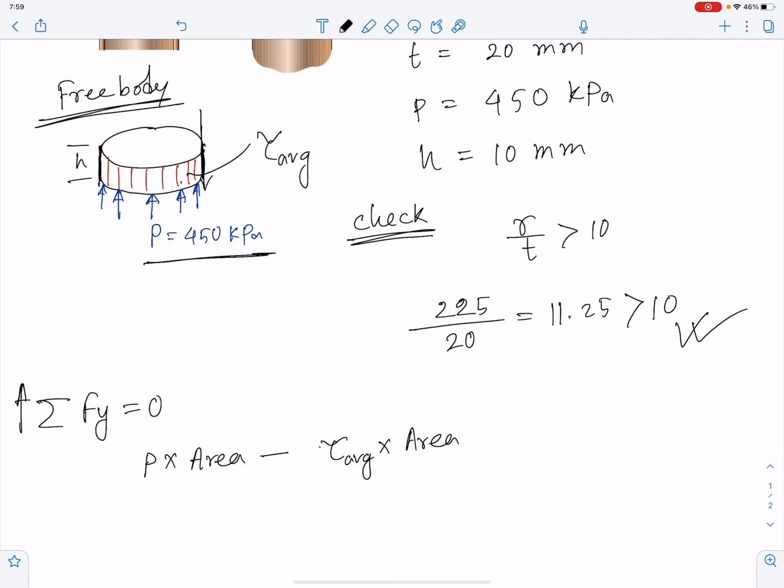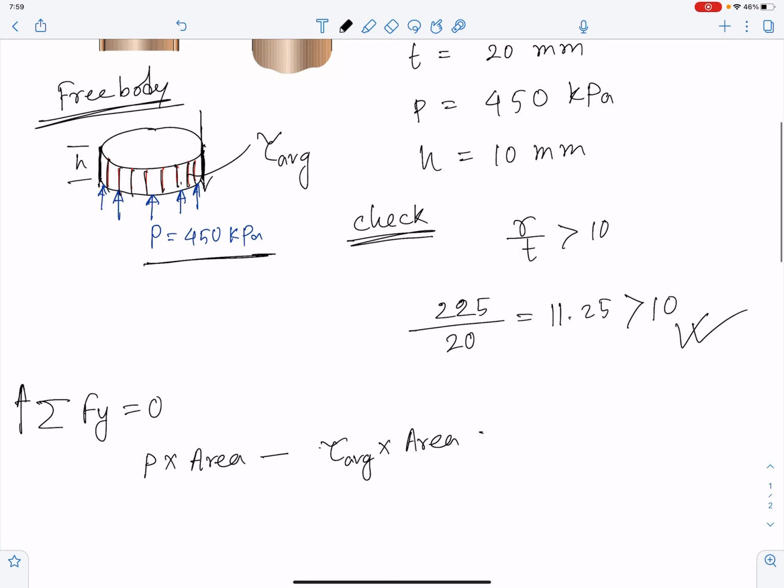And this area is different, because this area is the strip surface, or this cap surface, equals to 0.